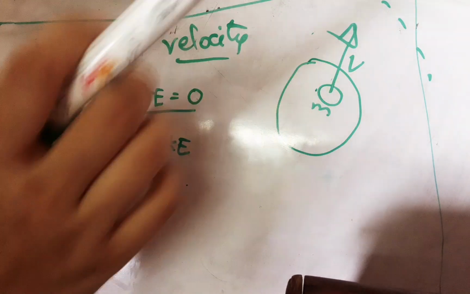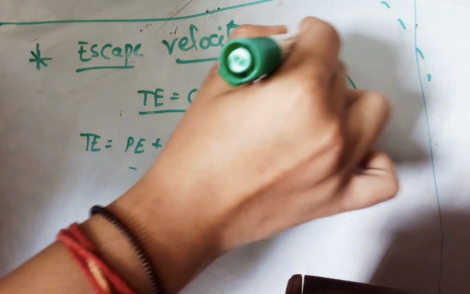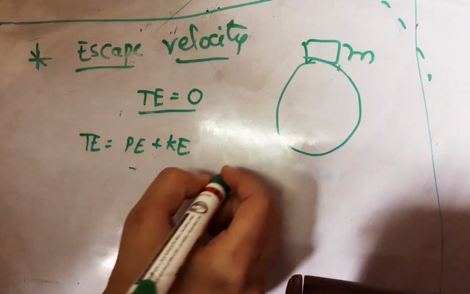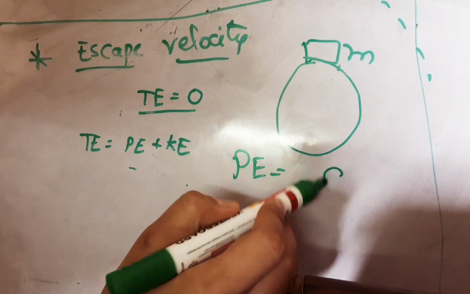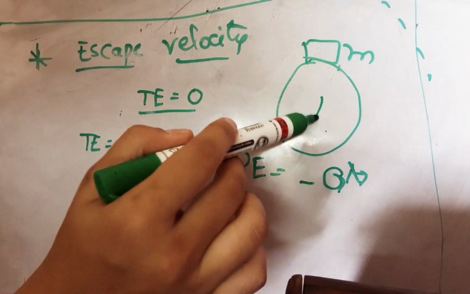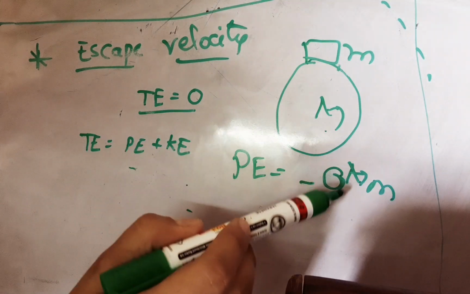Now for this body of mass m placed on the surface of the earth, what will be its potential energy? In the last class I told you how to find it. Potential energy will be equal to minus G M m divided by the distance, where capital M is the mass of the earth and small m is the mass of the body.